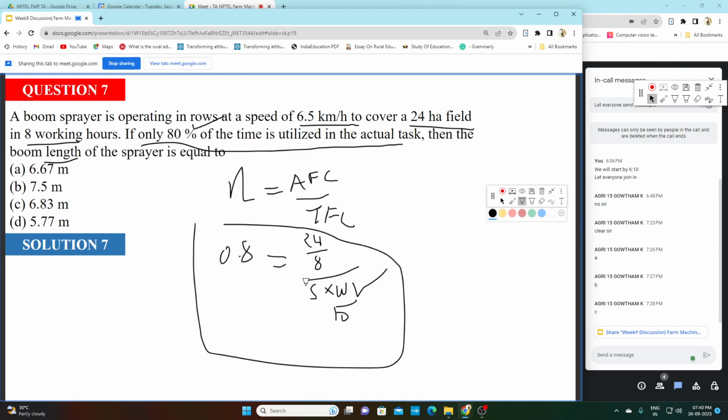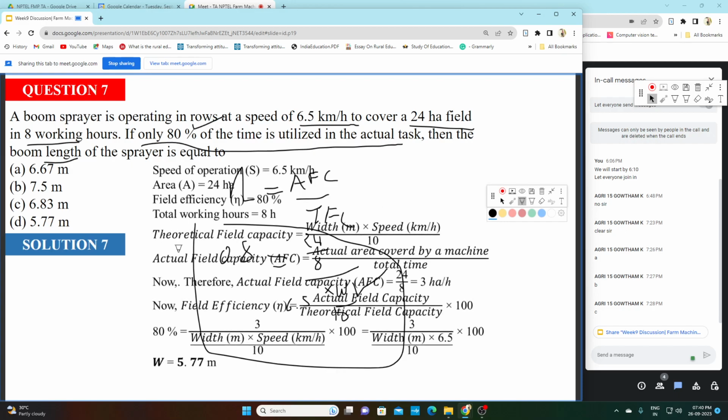S is 6.5 kilometer per hour. When you solve this, you will get the desired answer, and W is 5.77 meter. So option D is your correct answer.